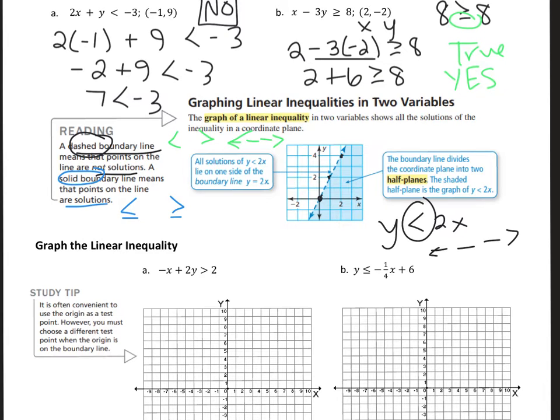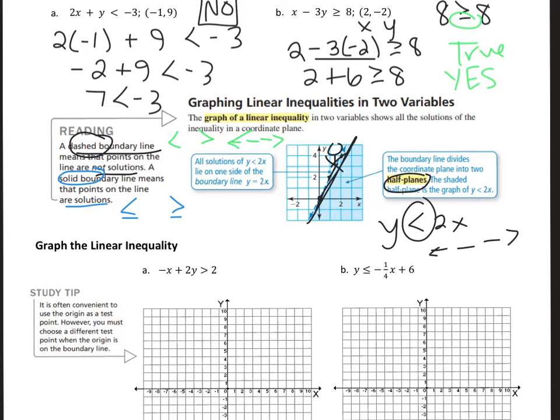Now, the second thing you have to do is shade and create what we call a half plane. Half of it's shaded, half of it's not. That's why it's called a half plane. To figure out where to shade, I keep it pretty simple. You can do test points, but what I do is I think about a ladder. If this is your ladder, the only way that the person would walk up the ladder is in this situation right here.